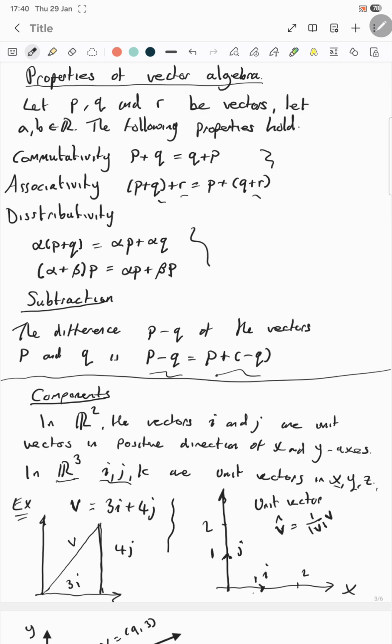So an example here in our two-dimensional, 3i plus 4j. This is 3i across, 4j up, and this is our vector. Our unit vector is given here, how it's defined: 1 over the magnitude of V multiplied by V.